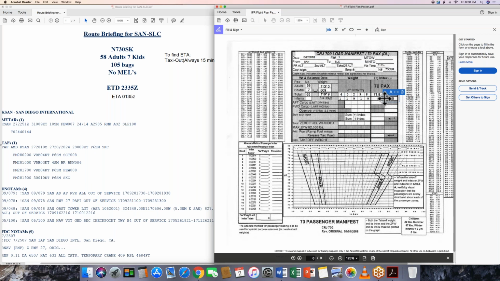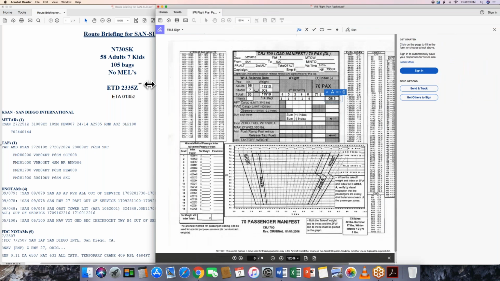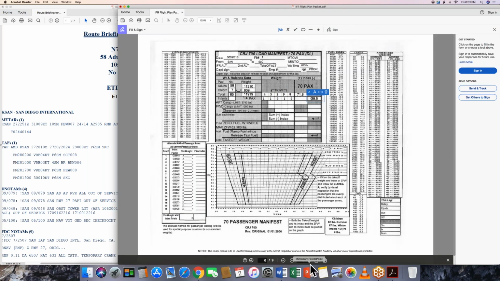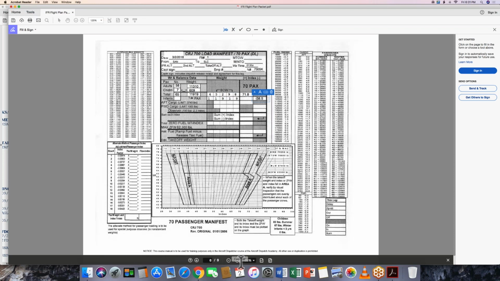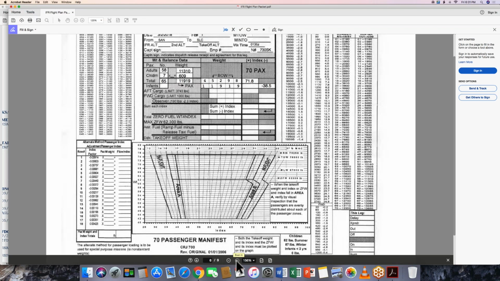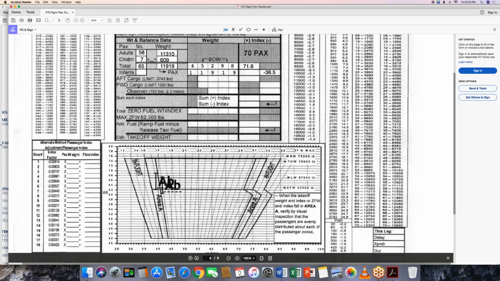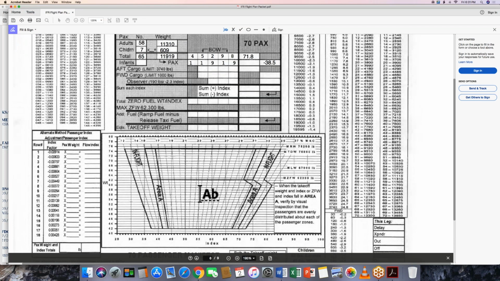Sorry, I should probably just, since we're working our weight and balance only right now, maximize this screen. My bad. Everybody see? Oh yeah, a lot better.